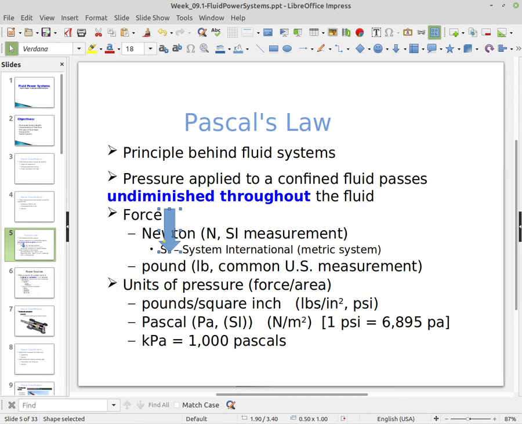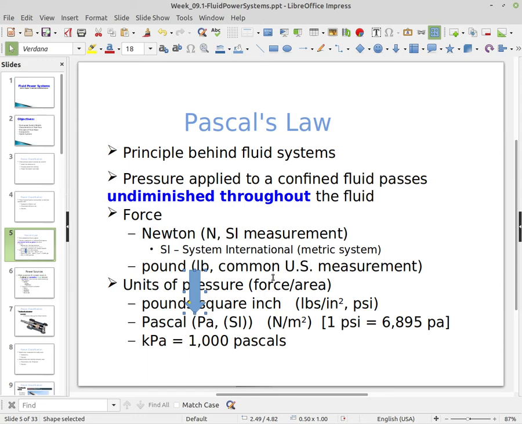And when we start talking about pressure, pressure is force divided by an area. So we can either measure it in pounds per square inch, or PSI, or in the SI units, pressure is measured in Pascal. And Pascal is the Newton divided by the meter squared.